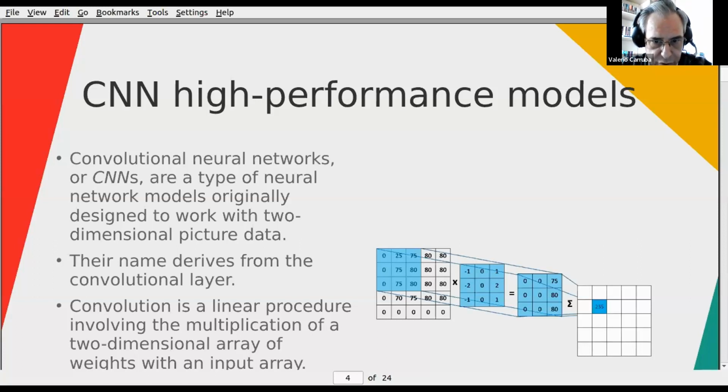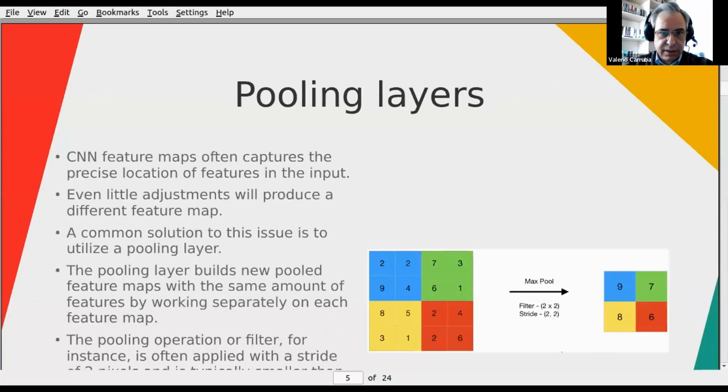So essentially, you multiply this array with a filter and you obtain what is called a feature map, which is a two-dimensional array. One problem with this approach is that the feature map often captures the precise location of features in the inputs. So every little adjustment will produce a different feature map.